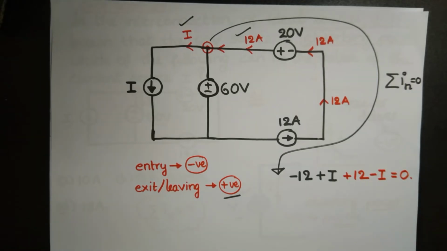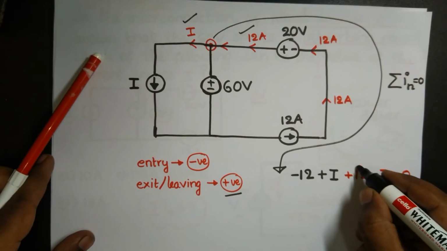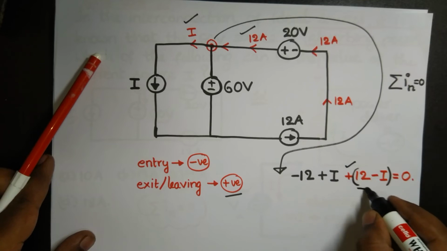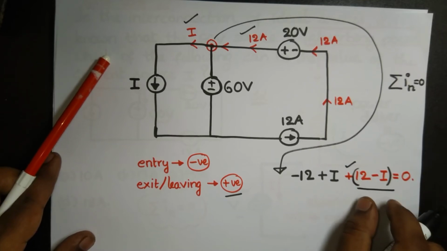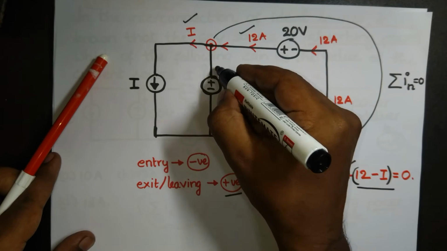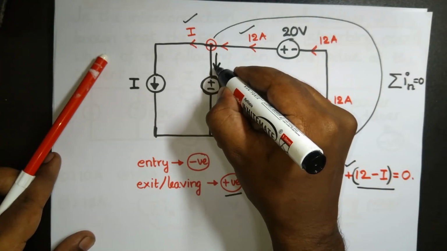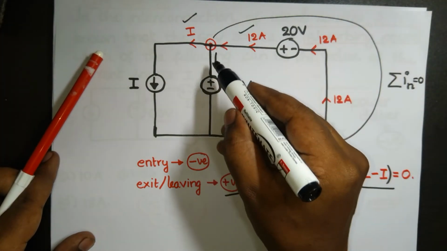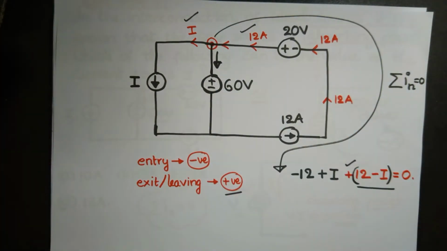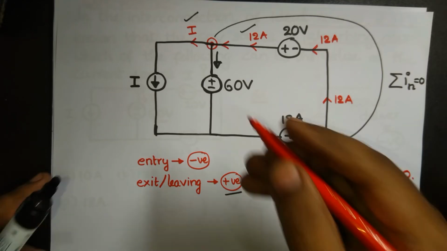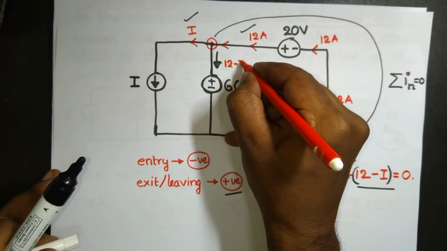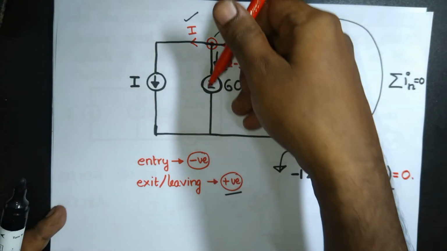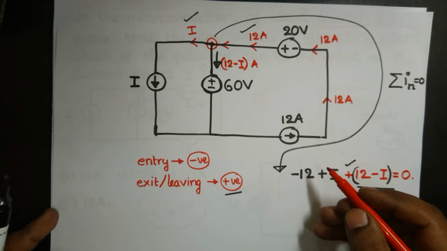So I must get positive 12 minus I. This current must leave this node. So you have 12 minus I amperes flowing through this 60 volt source.